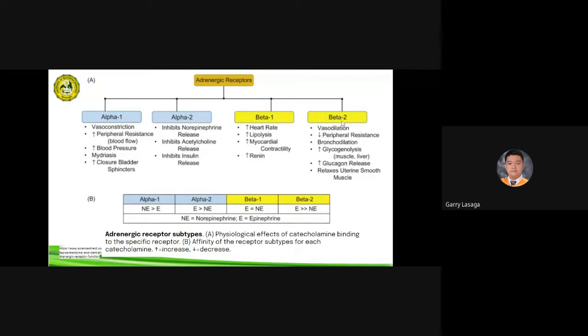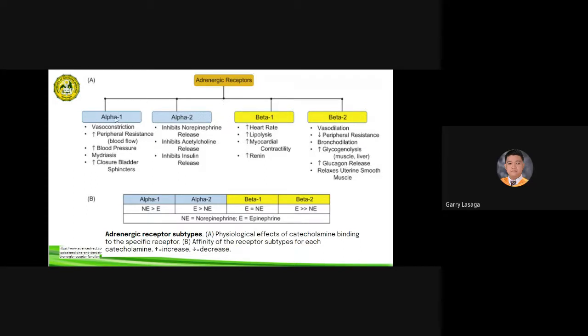When it binds to the beta 2 receptor of the liver, it will induce glycogenolysis. When it binds to the beta 2 receptors found on the pancreas, it will induce the release of glucagon.